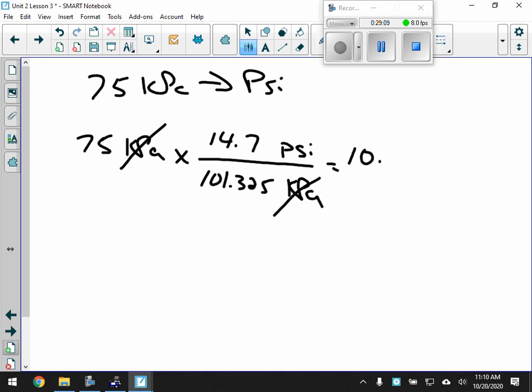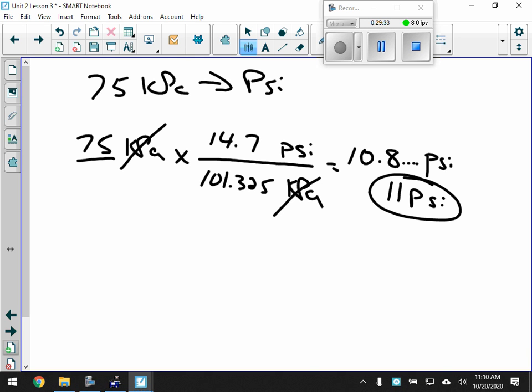I'll just call it 10.8 psi. Because we only have 2 significant digits, I'm going to call it 11 psi. 2 significant digits. Good? Questions? All right. We'll do one more.